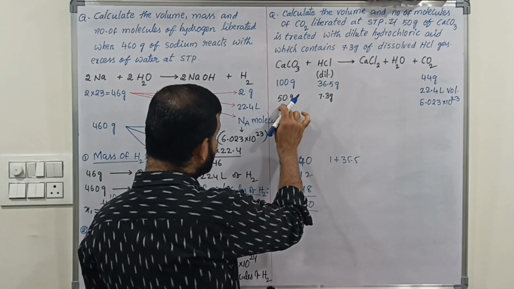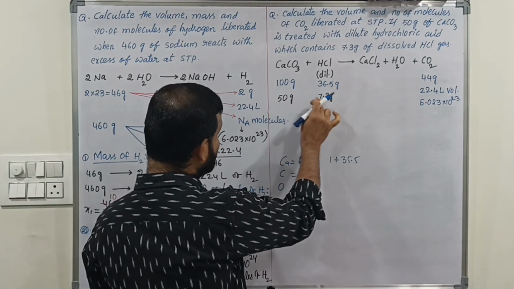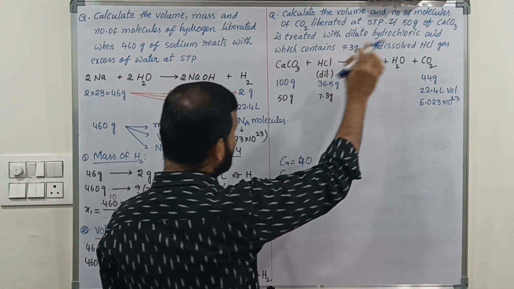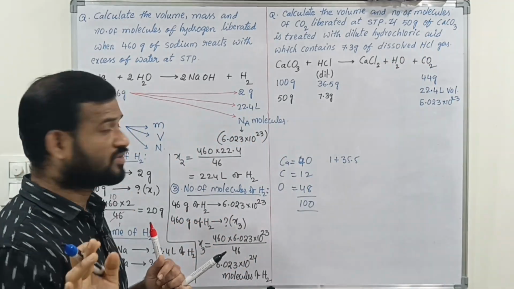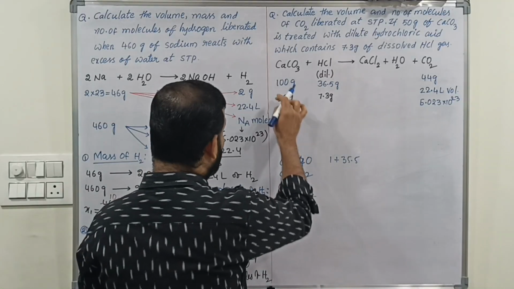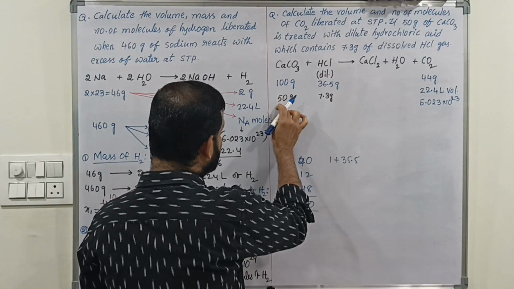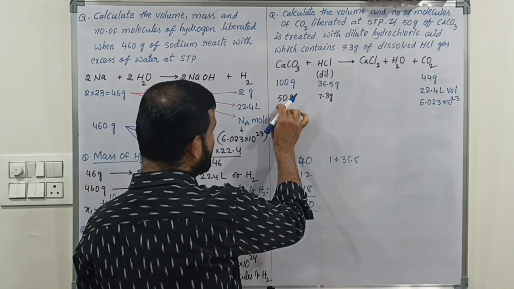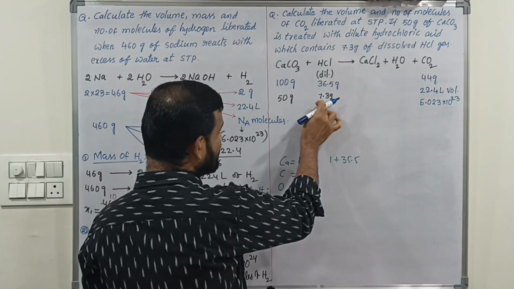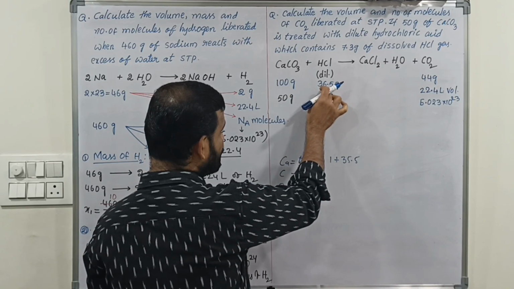So if 50 grams of calcium carbonate is reacting with 7.3 grams of HCl, how much CO2 gas is formed? We have to find out. Here 100 means here 50. So 50 by 100, number of moles, that is half mole. Then 7.3 by 36.5, how many moles?